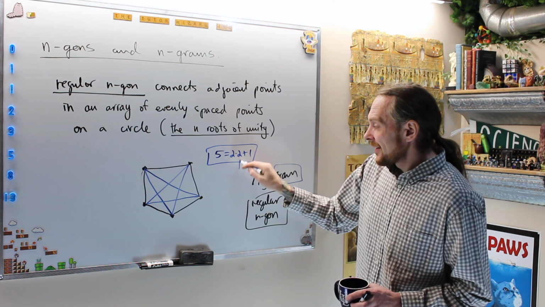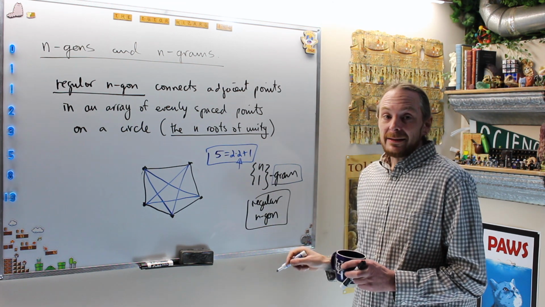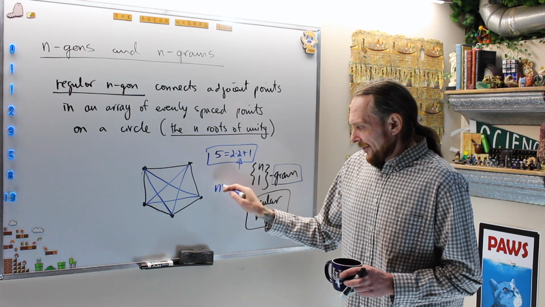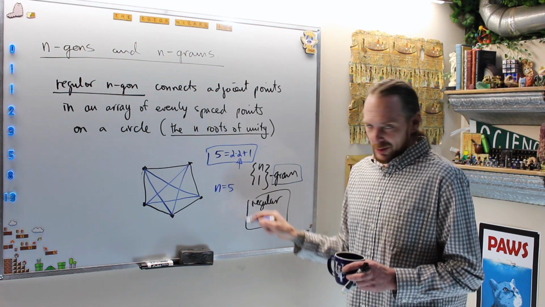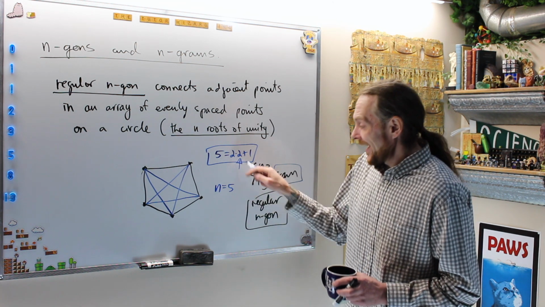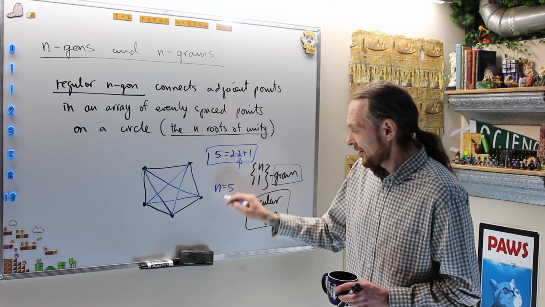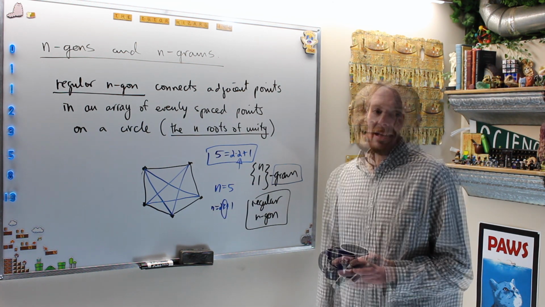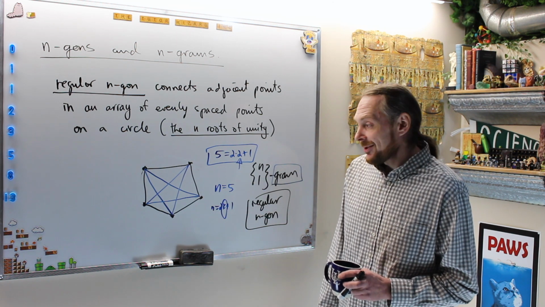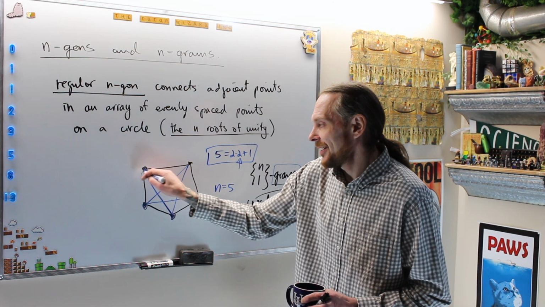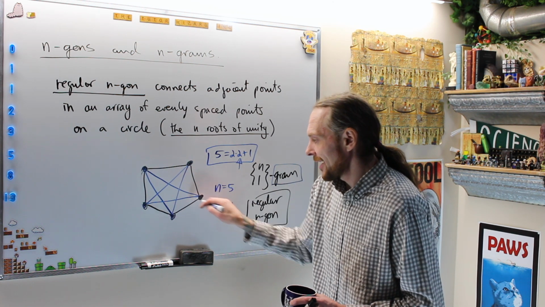If n is odd, n equals 2k plus 1, then there will be exactly k edge-distinct Hamiltonian cycles in the complete graph. This is K5 because we have 5 points. What am I saying here? I'm talking about a little bit of graph theory now again.